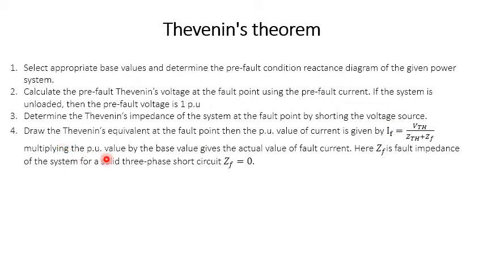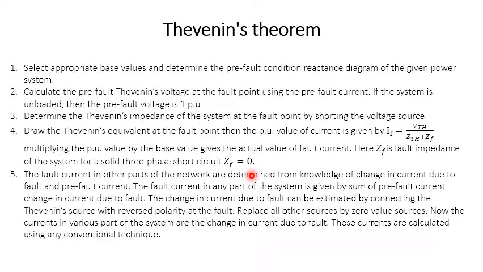Multiplying the per unit value by the base value gives the actual value. ZF is nothing but the fault impedance of the system. In the case of a solid three phase fault, if it is short circuited, then we consider ZF equal to 0.